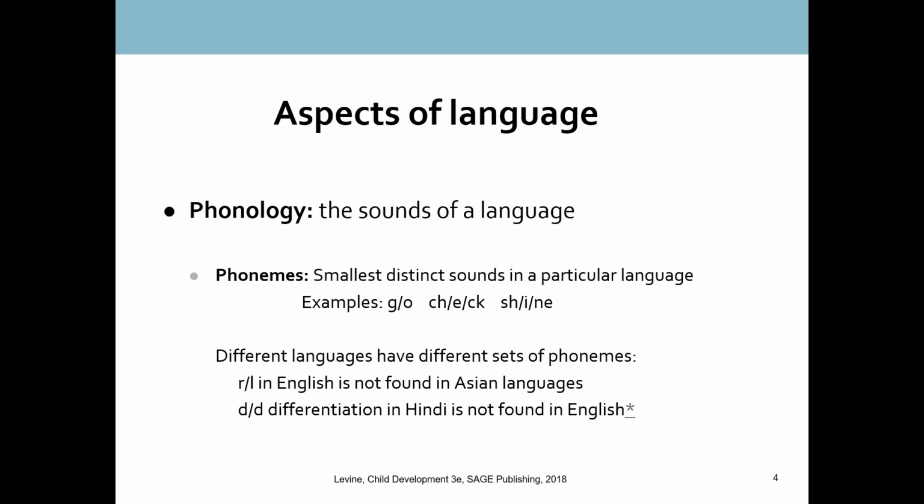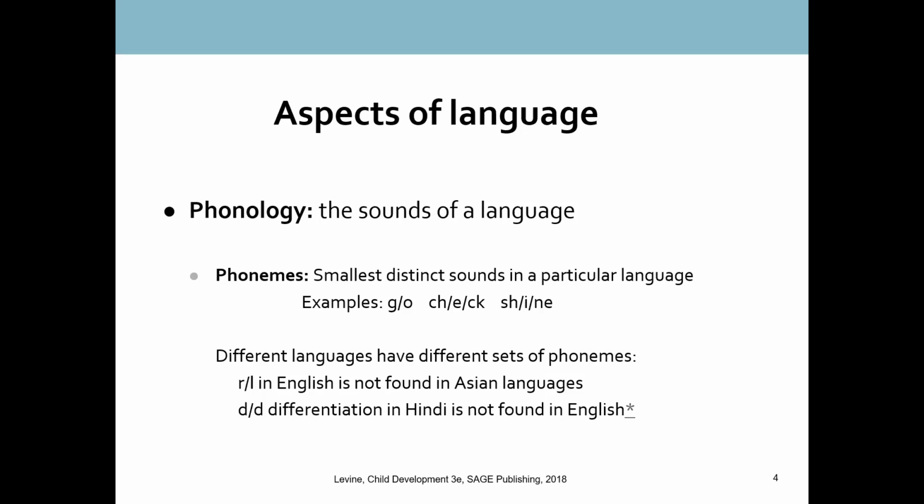And also there are combinations of letters that make up distinct sounds like CH or CK or SH. Those are considered phonemes. They're individual sounds of the language. So don't think of this as just the letters of the alphabet, but all of the phonological sounds, all the sounds that you can hear within a language make up the phonemes.